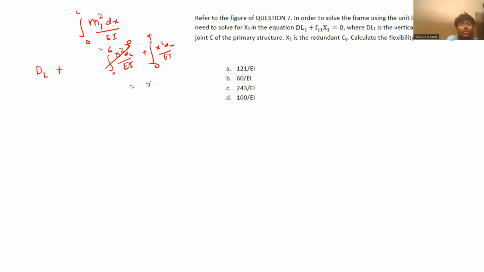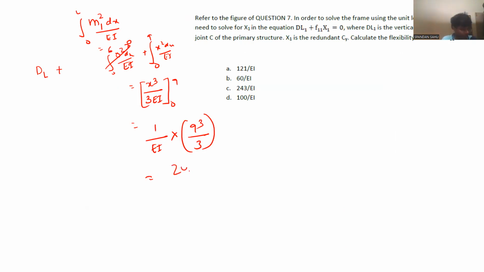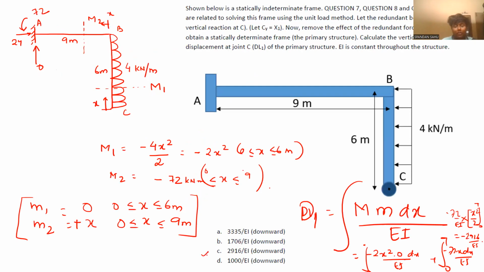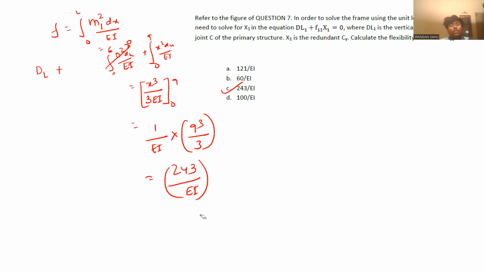Here it will be x cube by 3EI from 0 to 9. So 1 by EI into 9 cube by 3. What are you getting? 243, I guess. So we got F11 is 243 by EI. This is done, right?